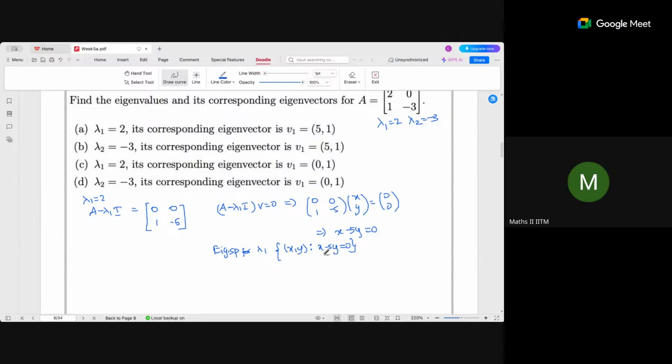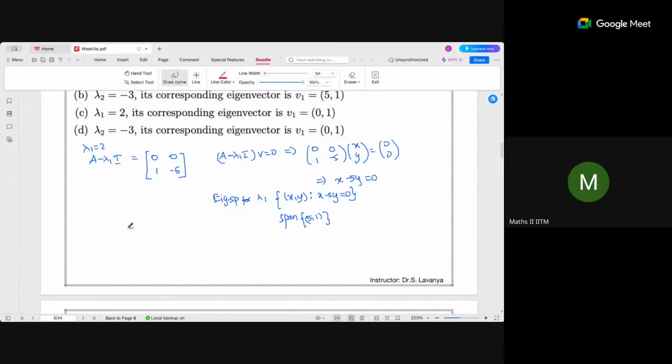Can you tell a basis in this case? This is the span of 5 comma 1. Note that if v is an eigenvector of A with respect to lambda, then alpha v is also an eigenvector.